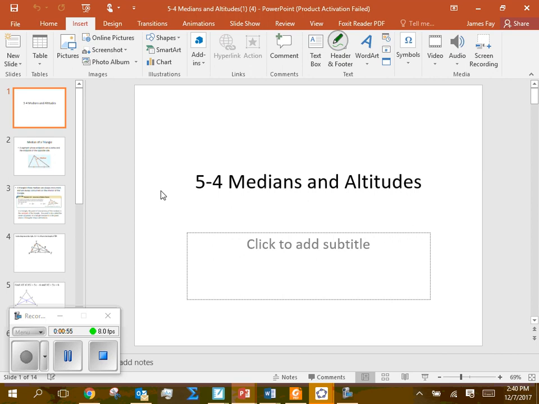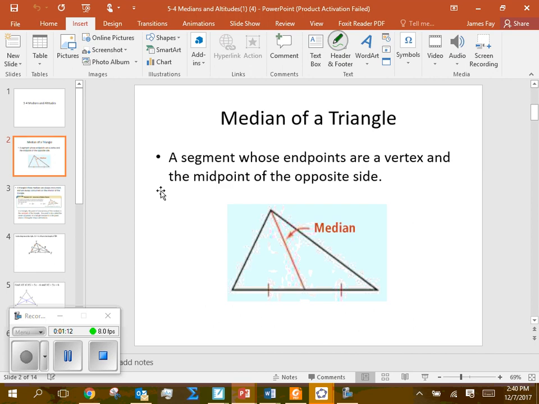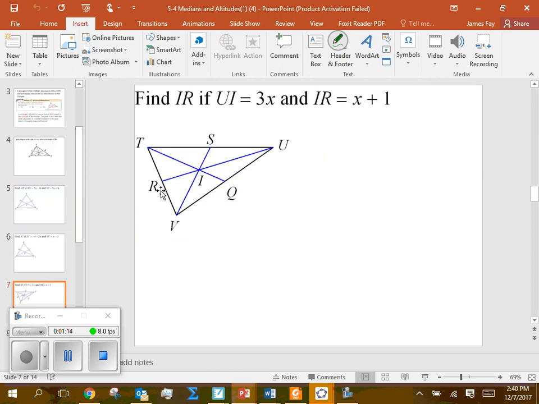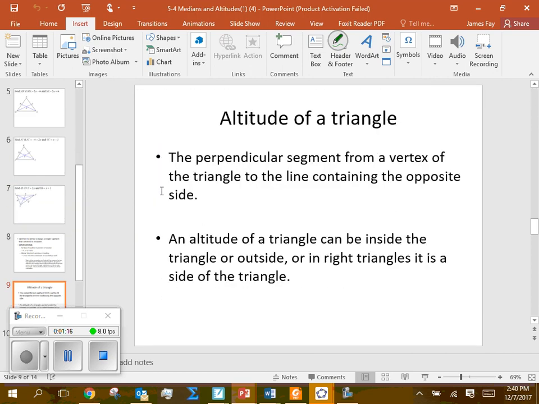They have new characteristics, but the algebra that we use to investigate those segments and those relationships and characteristics is exactly the same algebra that we did yesterday on that assignment, the day before, and the day before that. So it's just a new geometric concept that we investigate using the same algebra.